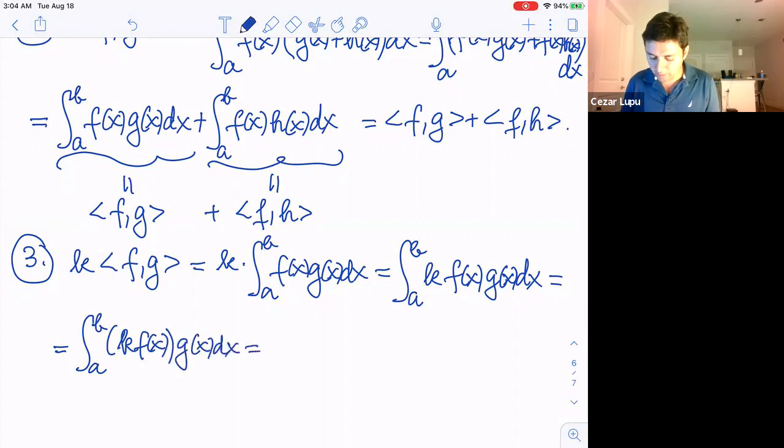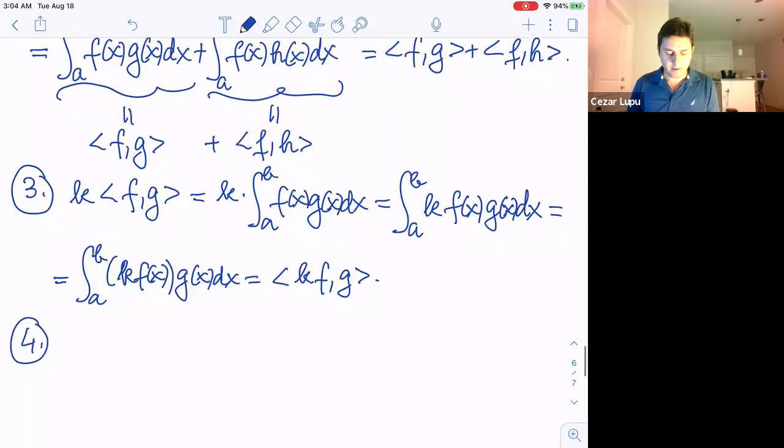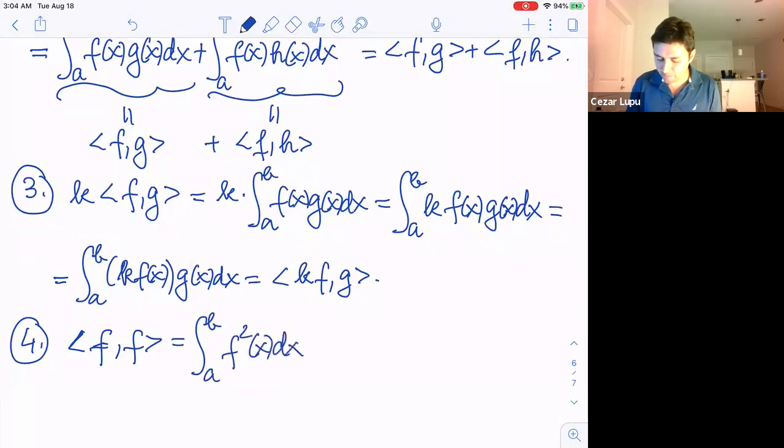And this is nothing else than the inner product between k f and g. Again, the third property is verified. These are just easy computations, but the fourth one will be a little bit different. Now we want to see who is the inner product between f and f. Well, it's the integral from a to b of f squared of x dx.